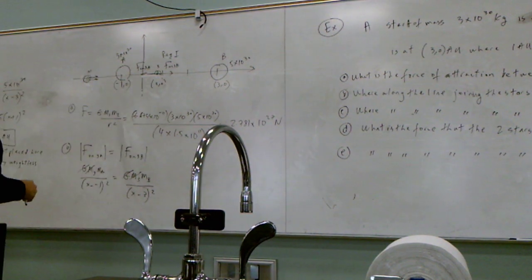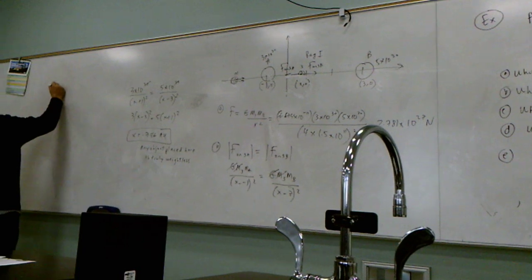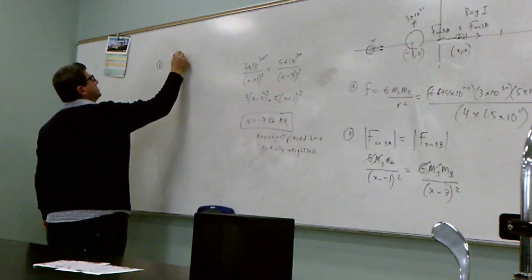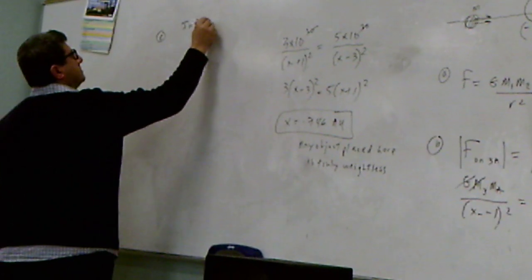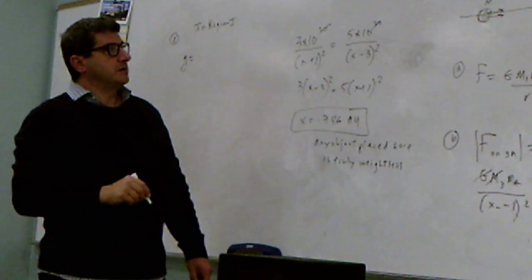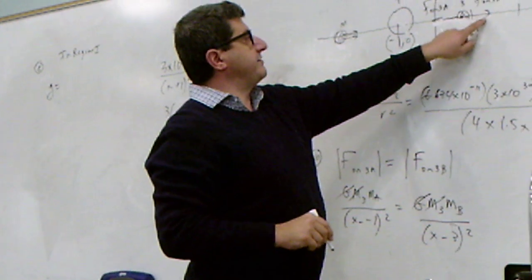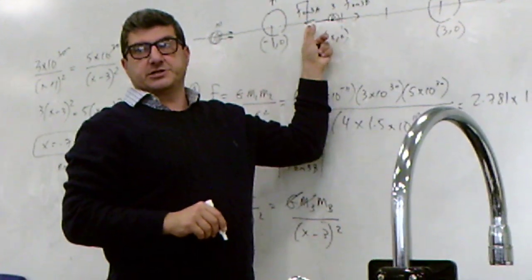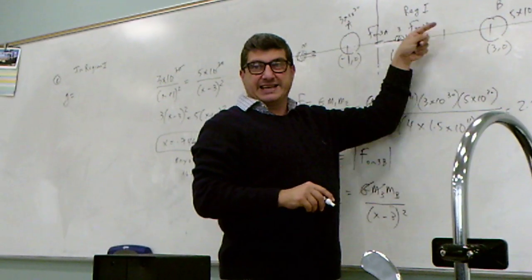So then in region 1, how do I set this up? In region 1, the gravitational field is going to be the difference of the gravitational field due to one and the other, right? Because they're competing against each other.